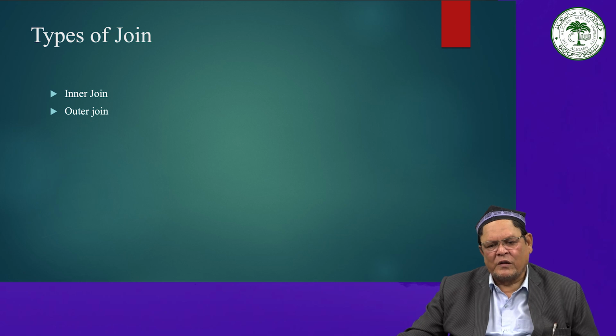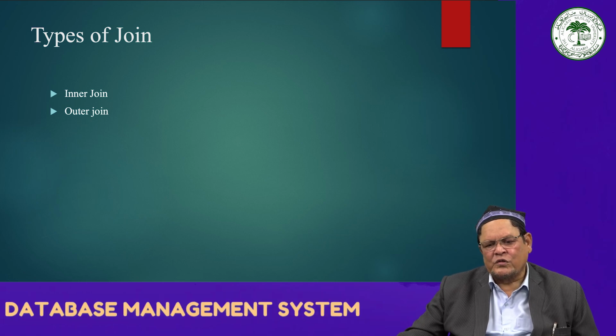We'll discuss one by one. The left outer join includes all rows from the left table and matching rows from the right table, while right outer join includes all rows from the right table and matching rows from the left table.